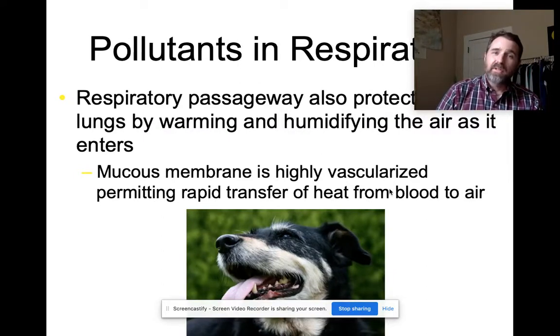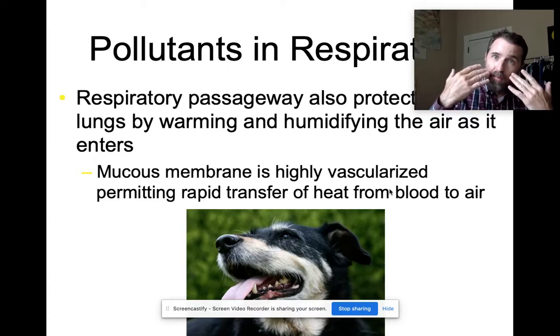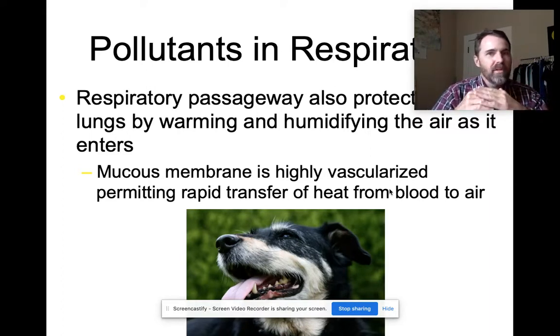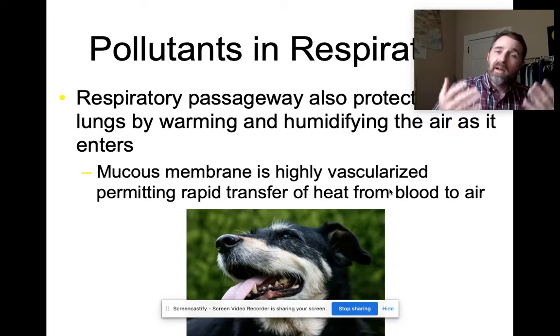Your respiratory passages also help condition air and prepare it for respiration within the lungs. Your respiratory passages do this by warming and humidifying the air. It warms the air because the epithelial tissue within your respiratory passageway, so up in your nose, the capillaries are very close to the surface, so you've got a lot of warmth coming from your blood flow that is able to distribute that warmth into the air as it goes by.